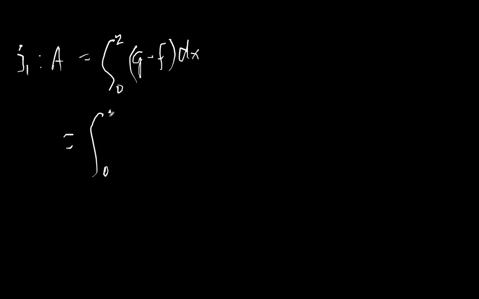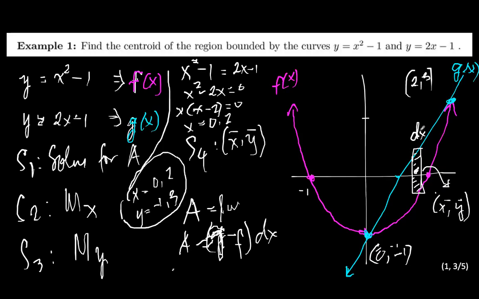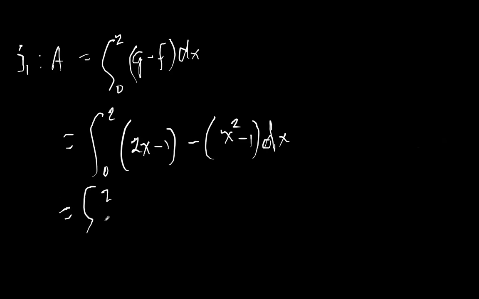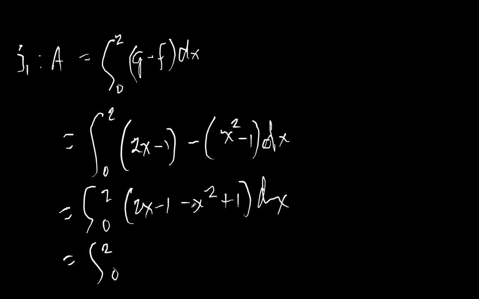So let's substitute the integral from 0 to 2. Our g is 2x minus 1 minus our f, x squared minus 1, dx. And this becomes the integral from 0 to 2 of 2x minus 1 minus x squared plus 1 dx. I can cancel this.